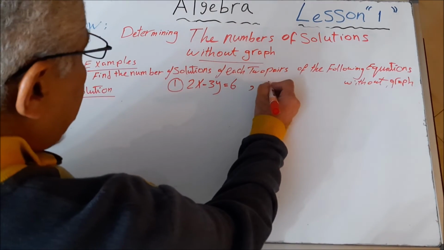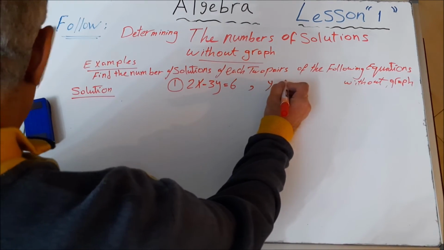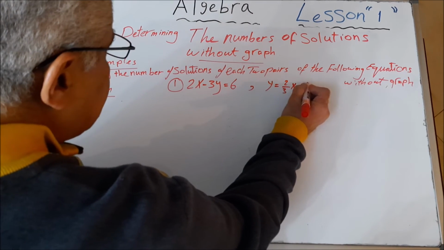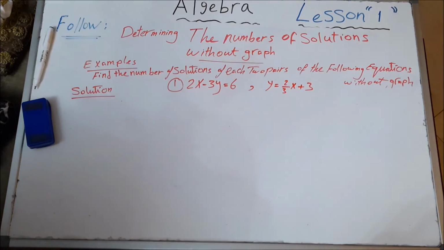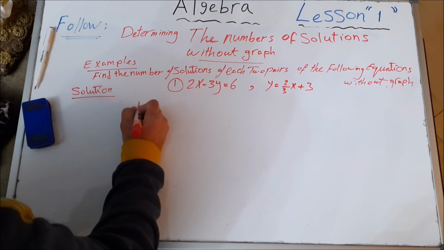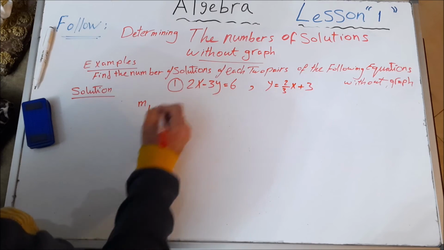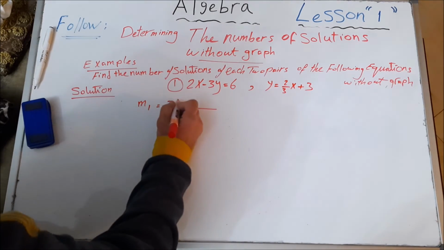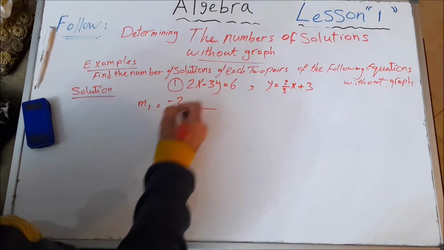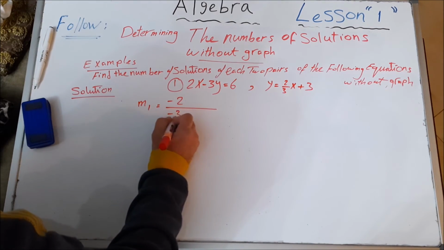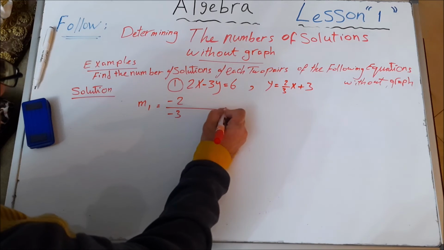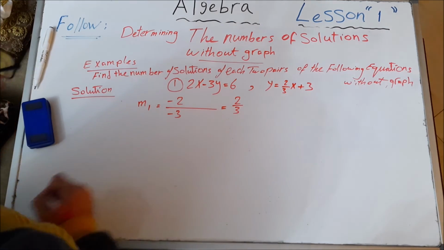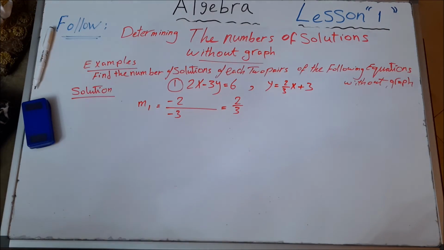Equation number 2, y equal 2 divided by 3 x plus 3. m1 for the equation 1 equal minus coefficient of x, minus 2, divided by coefficient of y, minus 3, equal 2 divided by 3. This is m1.